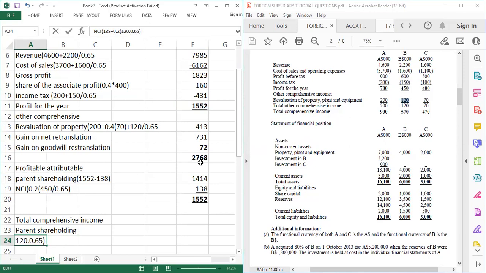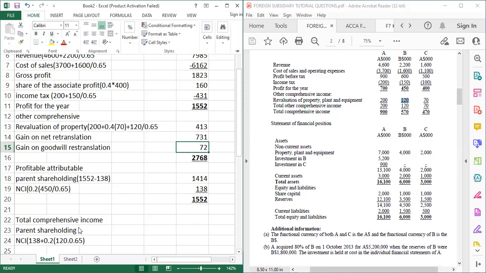So what we are sharing over here is inclusive of the profits. So the NCI has gotten its part of the profit already. It means that the items that we are going to share over here will be the 413, 731, and these ones. Okay. The NCI will get its share of the translation gain too. Let's find the total translation gain.